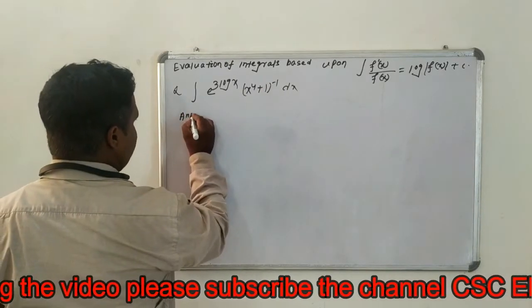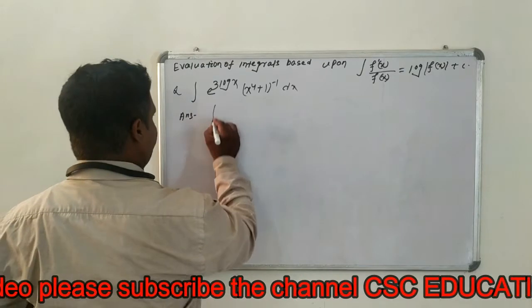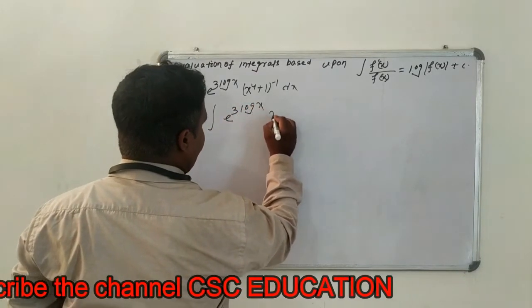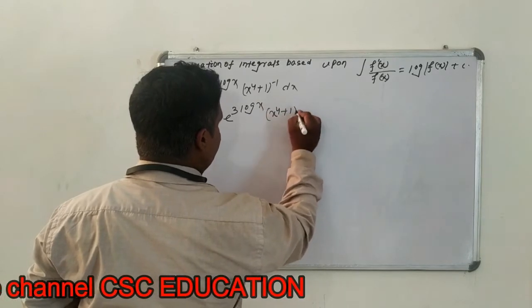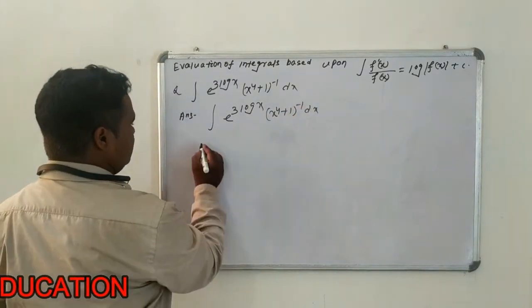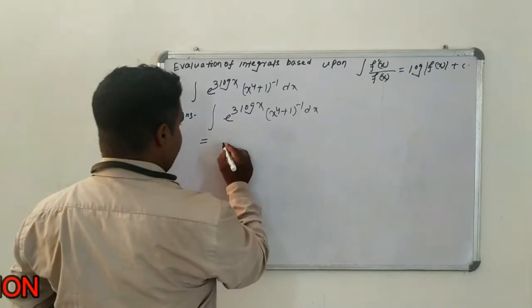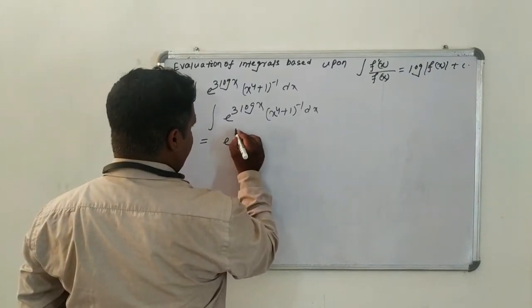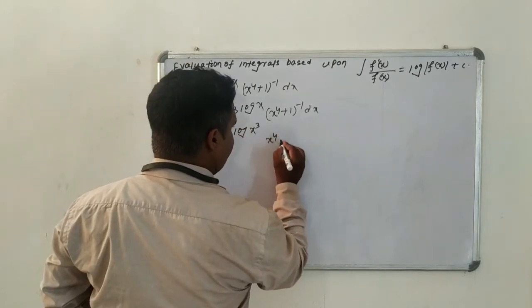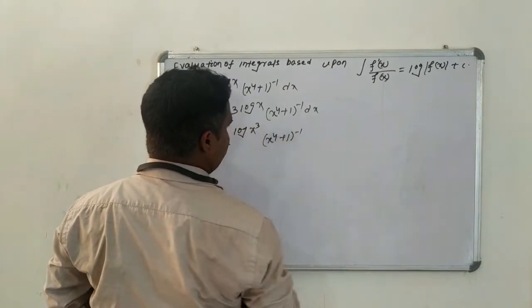Answer: integration e to power 3 log x, x to power 4 plus 1 minus 1 dx. Firstly, given data, this value equals e to power log of x to power 3, times x to power 4 plus 1 to the power minus 1.